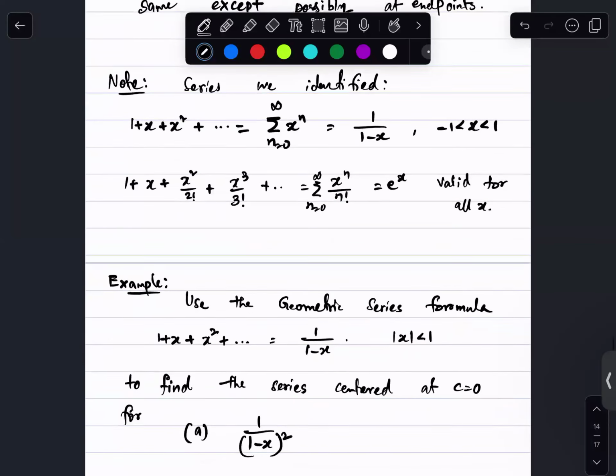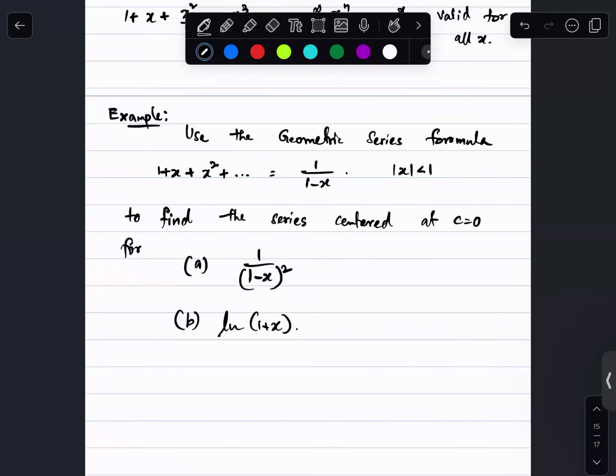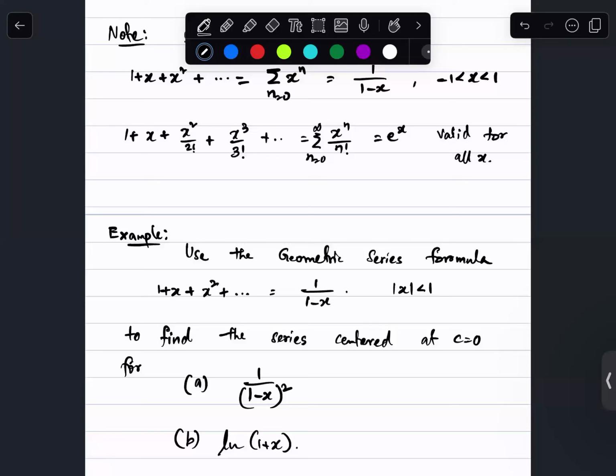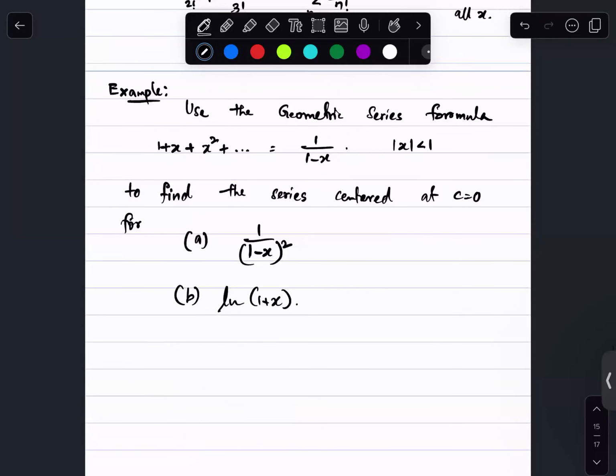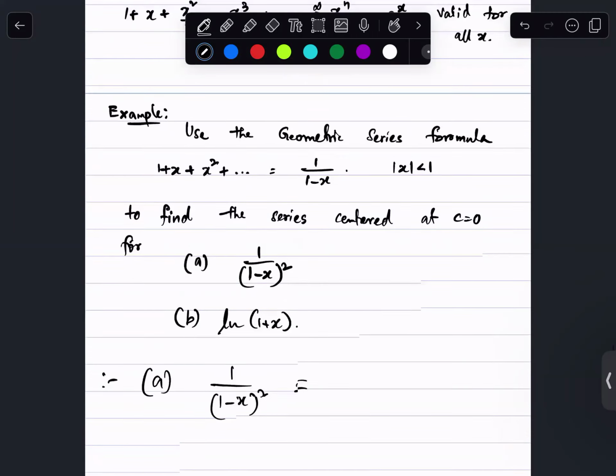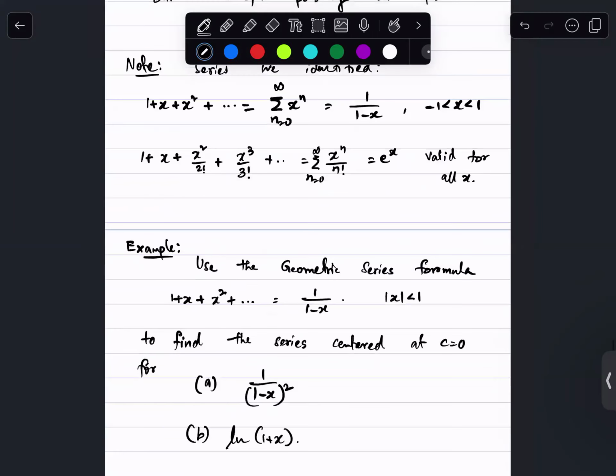Now let me solve these two examples to illustrate the theorem. Okay, for the first one, I have 1 over (1 minus x) squared. But remember, I have to use either this or that.